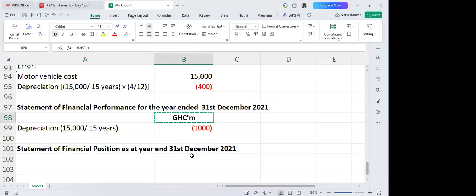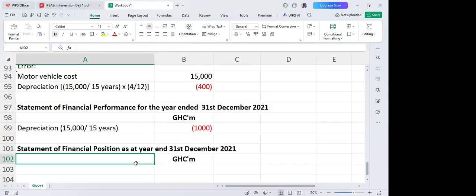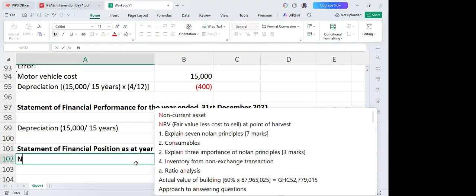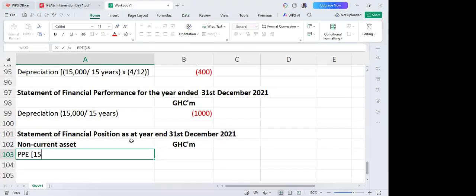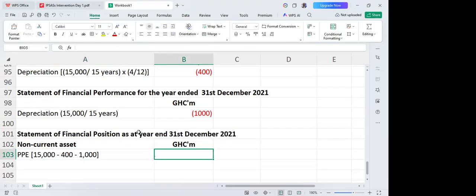Here, in the extracts, you are going to show the non-current assets value that we have. That's PPE. The non-current assets will show the current amount, which is 15,000 minus the 400 deducted in the first year and the 1,000 deducted in 2021. So that will be 14,000 minus 400. That will be 13,600 in that case.